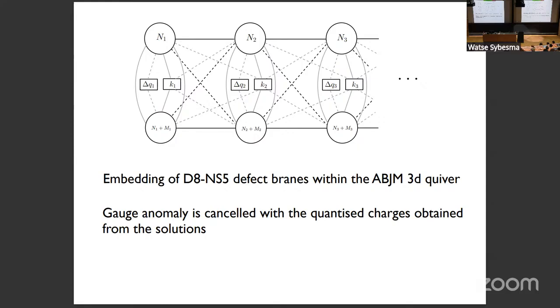These are very complicated quivers in which there are many types of different fields, but if you just look at this part, this is the R direction. If you just look at this part, you find something very similar to the quiver that describes ABJM. You just have the number of D3 branes.